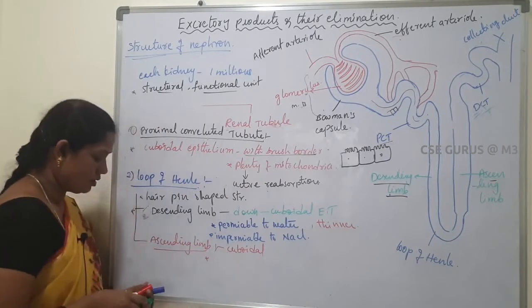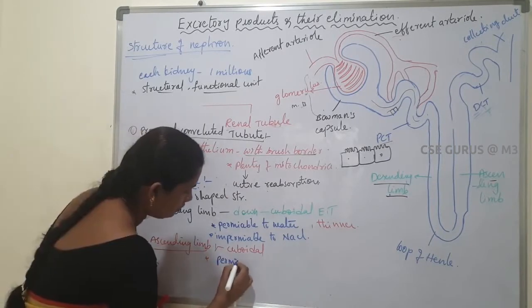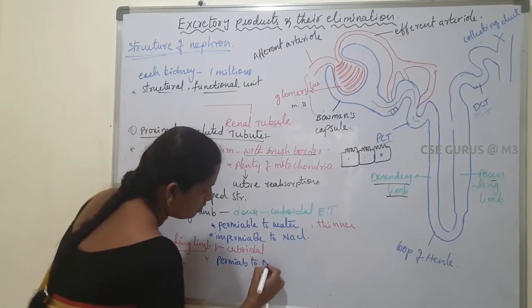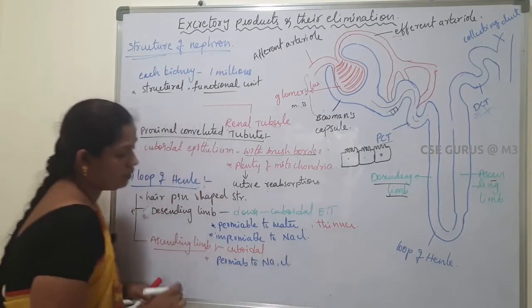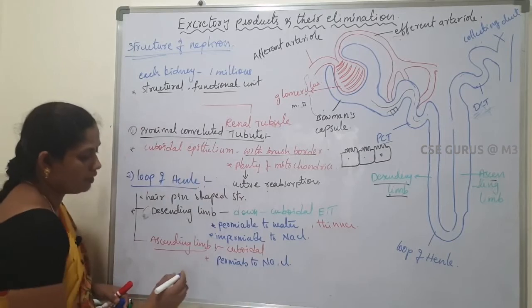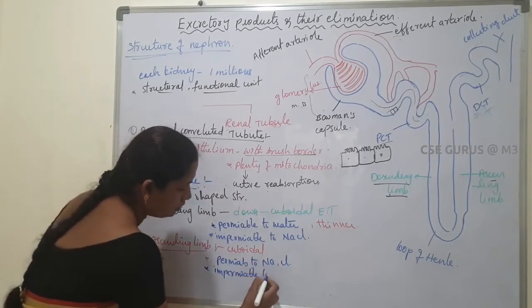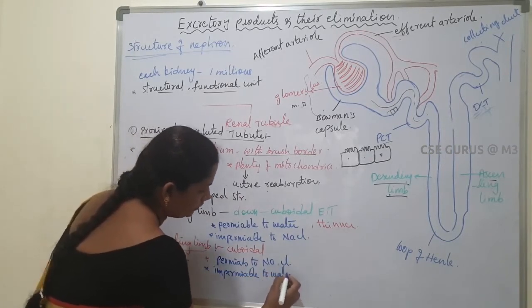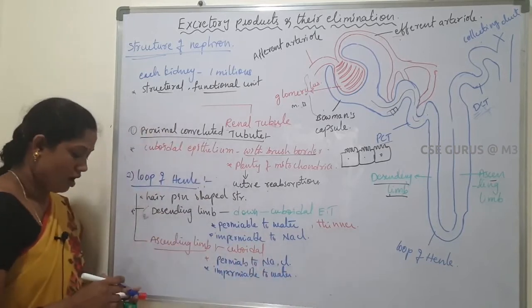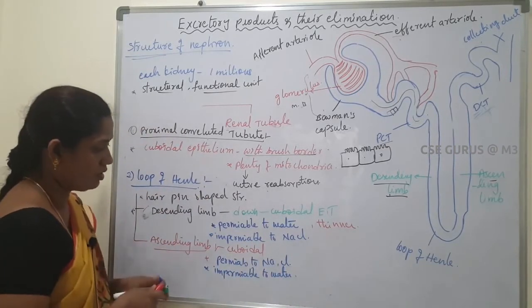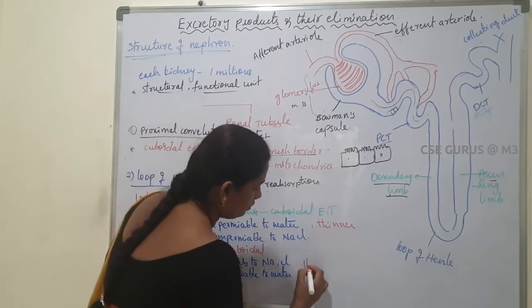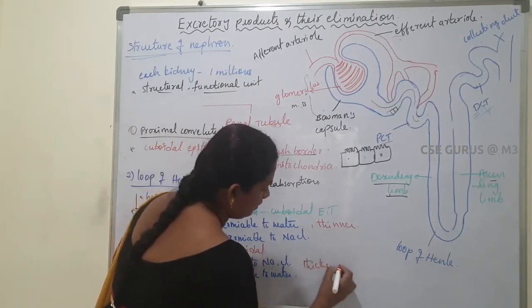It is permeable to salts, sodium and chloride, and impermeable to water. So both are opposite in nature. Its wall is slightly thicker.